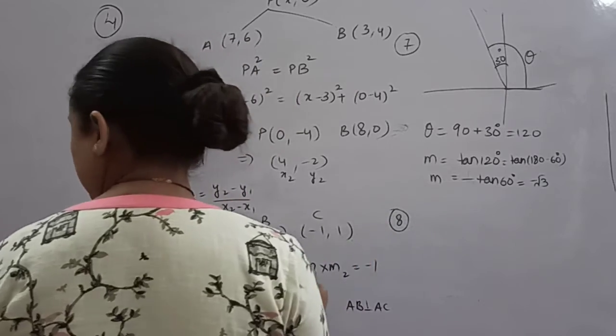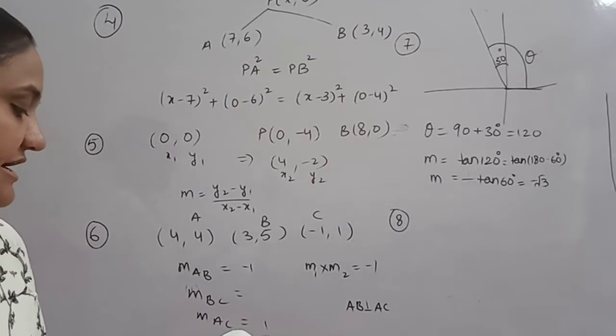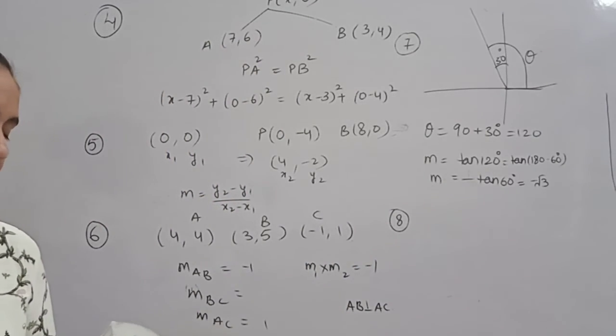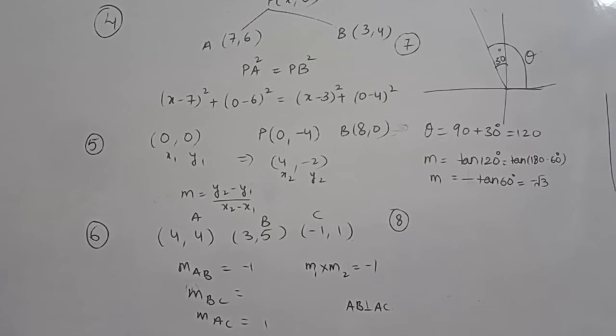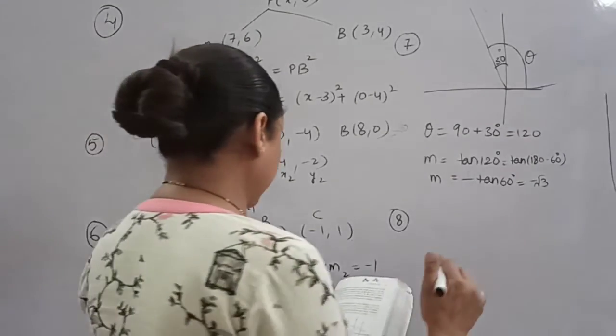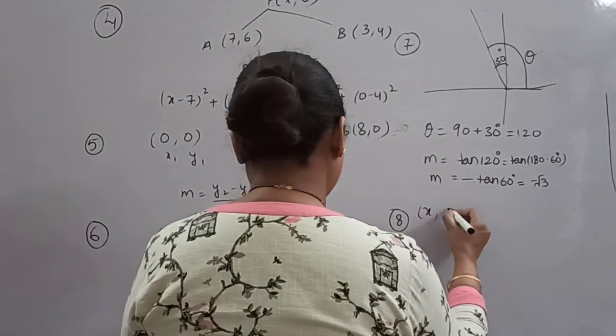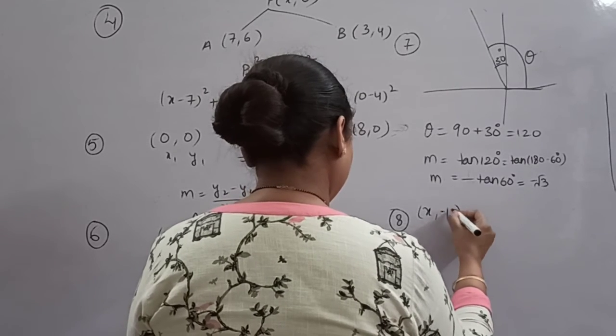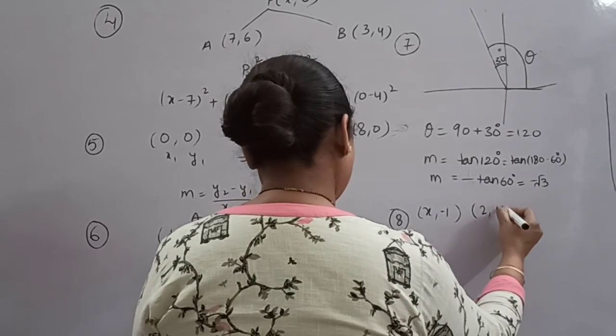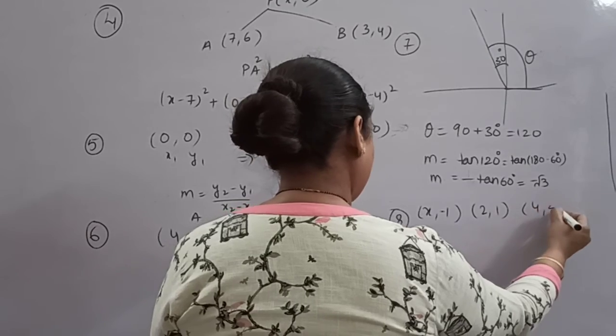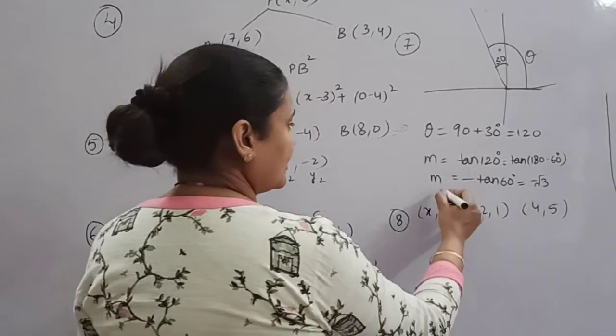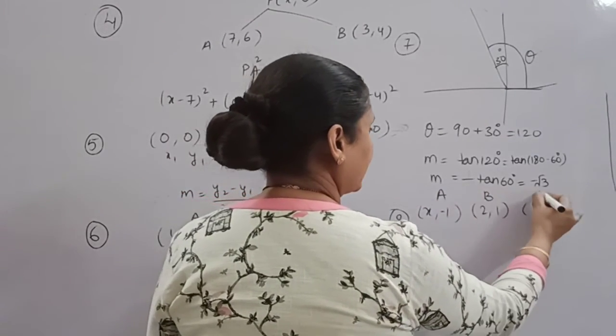Now question number 8 is find the value of the x so that the points are collinear to each other. We have to show the points are collinear. Suppose this is the point x, -1, sorry. This is the point 2, 1. This is the point 4, 5. Now what you do? Take this as A point, this as B point, this as C point.